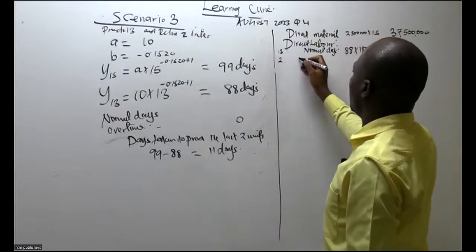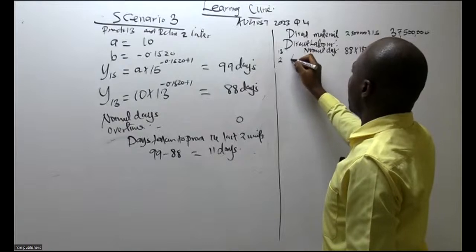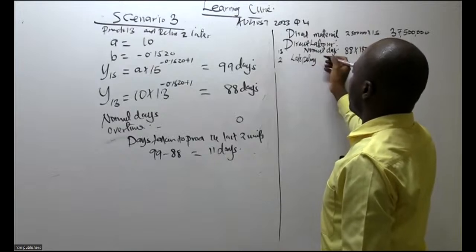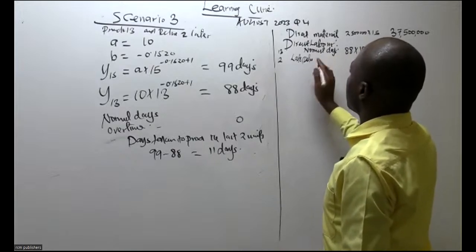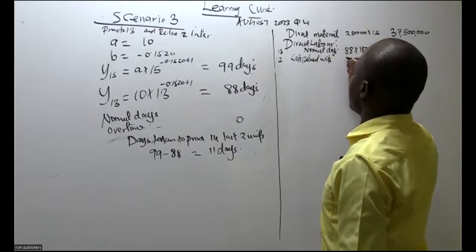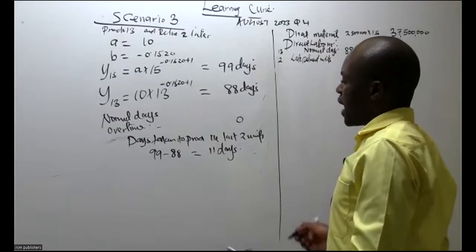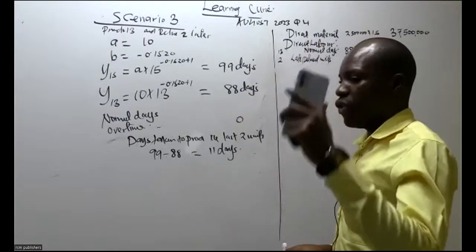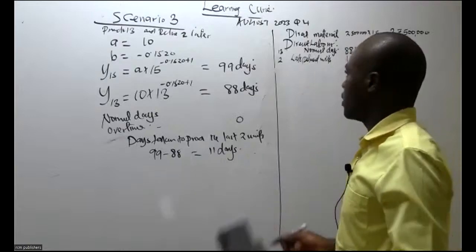So let's take the delivered late units. They are taking 11 days, and it is not within the overtime. It is still within the normal working days.